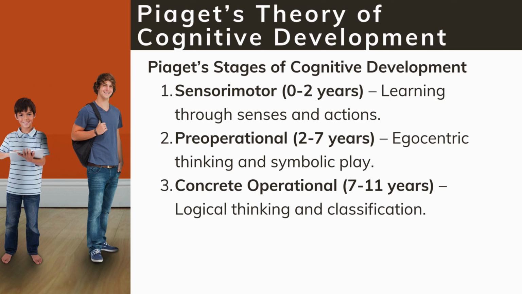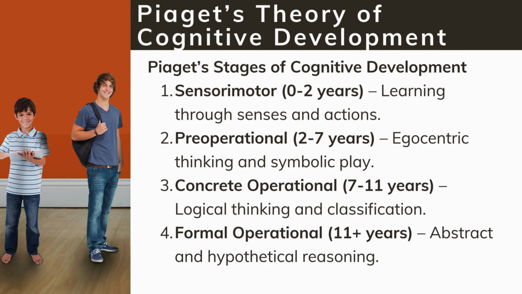Such when a child understands that water in different shaped glasses is the same amount. Formal operational from 7 years onwards, when abstract reasoning and hypothetical thinking is developed, such as when a teenager debates ethical dilemmas.